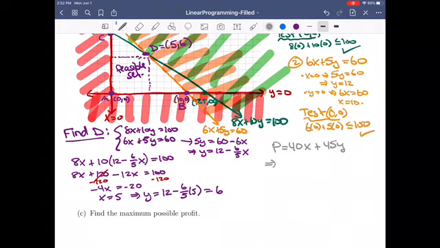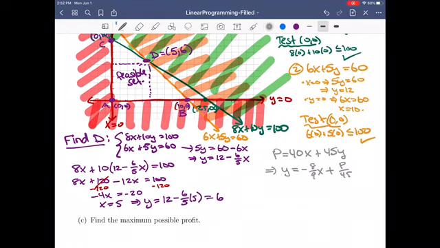If I rearrange this and solve for y, I'm going to get y equals minus 40 over 45, which is 8 over 9 x, plus P over 45. I don't know what P is, but when P is 0, I get a line that goes through point A here, and it has slope negative 8 over 9.